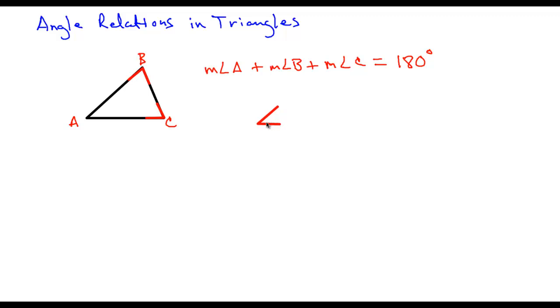So I can take angle A, I can take angle C, and I can take angle B, spin it around where it's facing the right way, and it'll fit right in there.